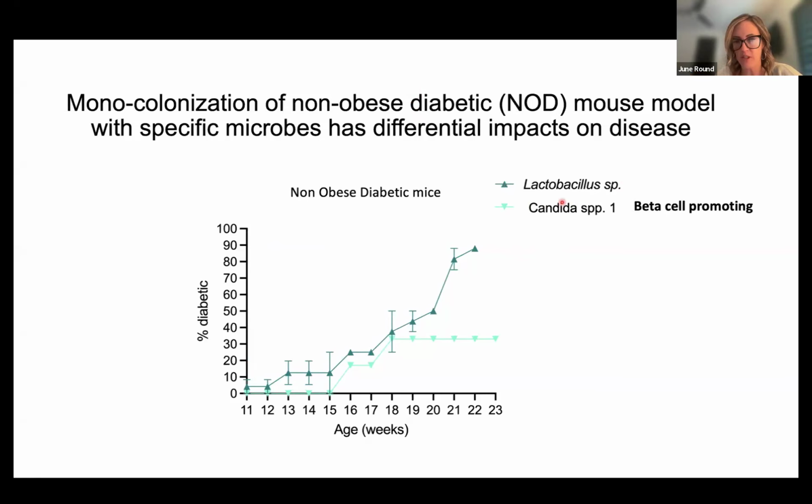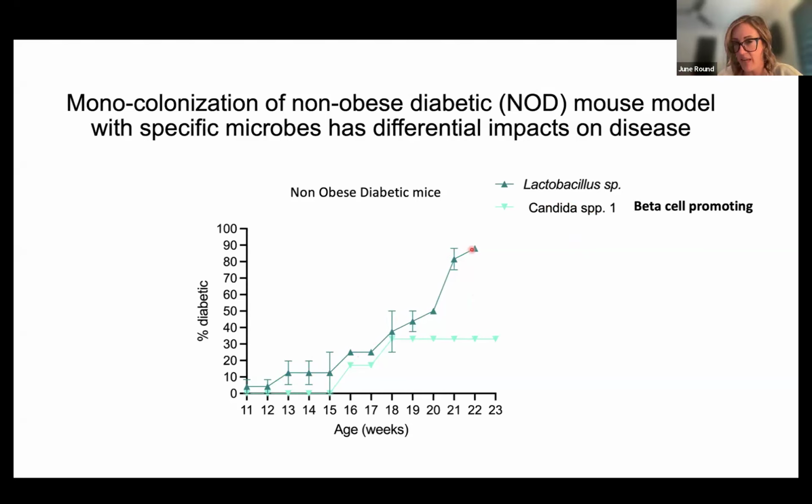And then we also monoassociated another group of NOD animals with that fungal isolate, this Candida species, which does have very potent macrophage activity and beta cell promoting activity. And interestingly, in our initial experiments, we find that animals that are associated with a non-beta cell promoting bacteria go on to develop a lot of diabetes.